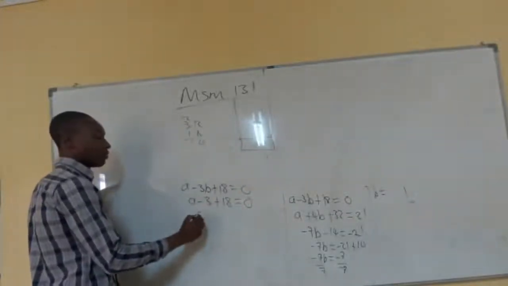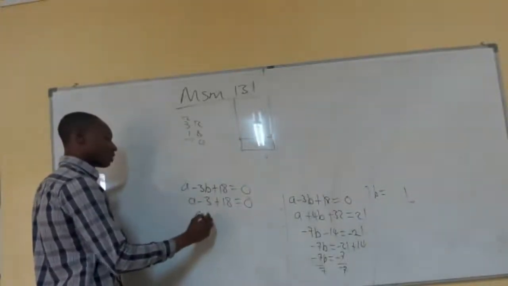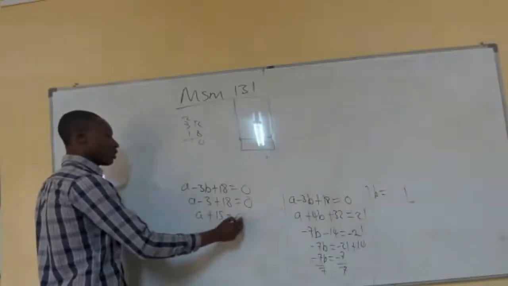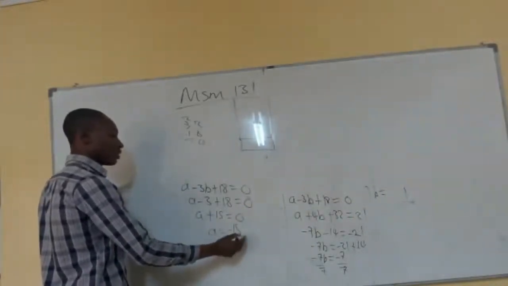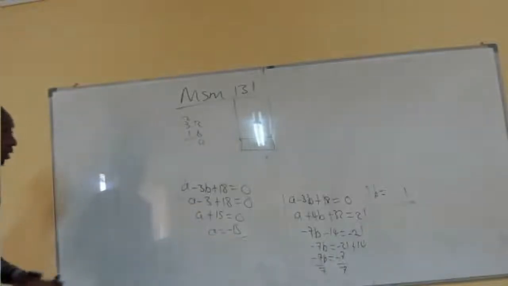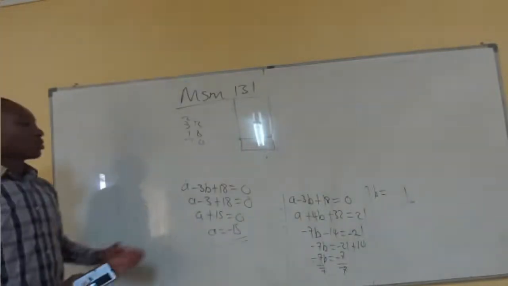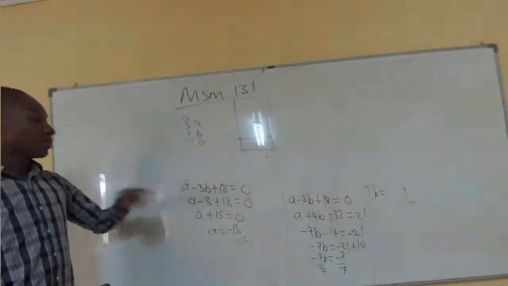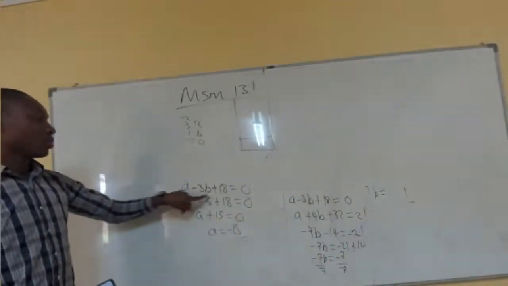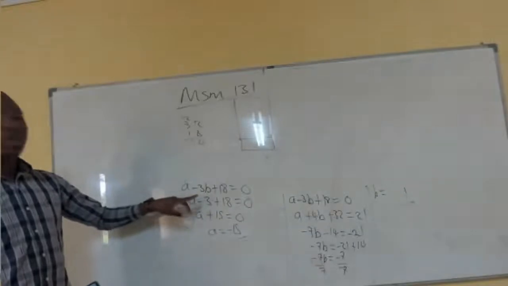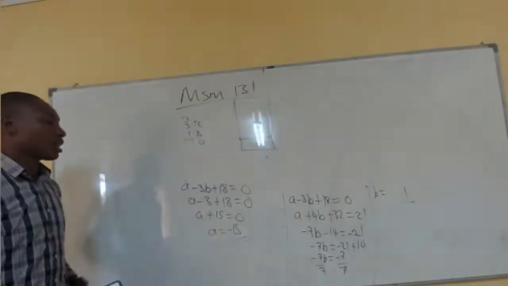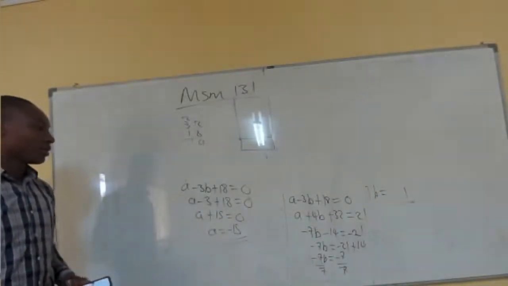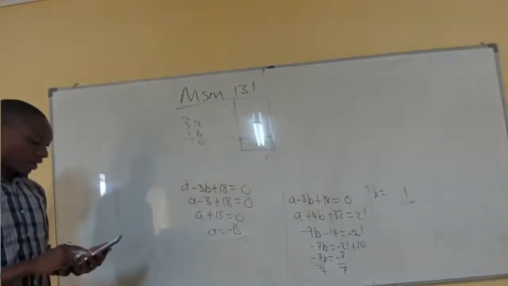We have 15, so A is simply negative 15. Okay. A is negative 15. So even if we replaced negative 15 and B equals 1 in the other equation, you notice that these two are going to cancel and give you 0. Alright, so that's how we find the answer to that.